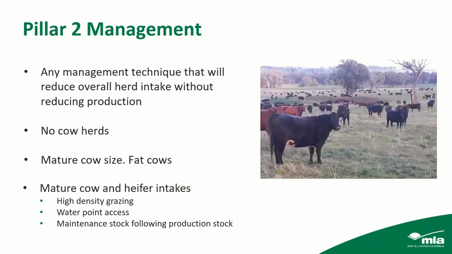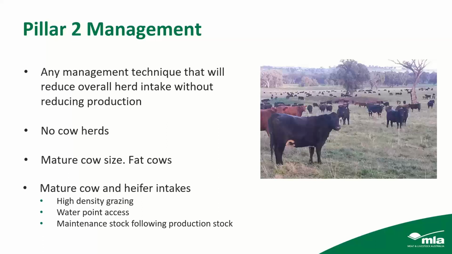Now, this is a fairly contentious issue, but we do everything we can to stop our cows eating. We know that a cow will eat 2.5% of her body weight if you let her. She will maintain her body weight and her pregnancy on half that.